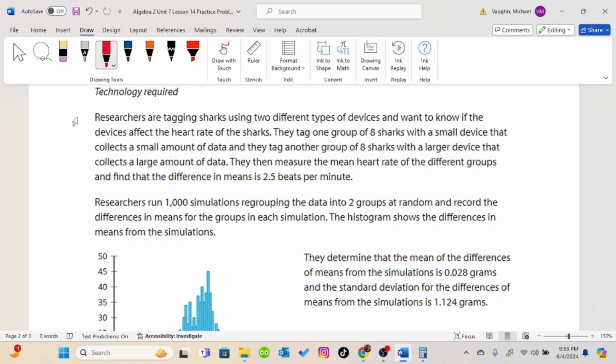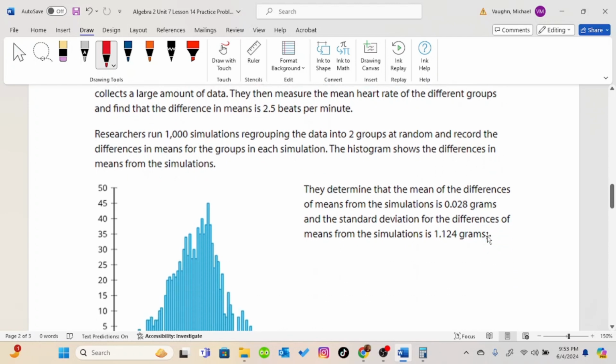Researchers run 1,000 simulations, regrouping the data into 2 groups at random, and record the differences in means for the groups in each simulation. The histogram shows the differences in means from the simulations.